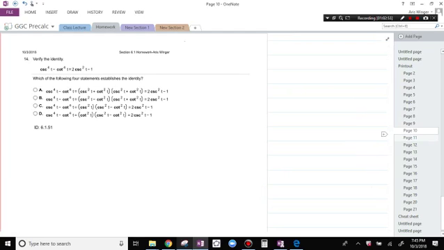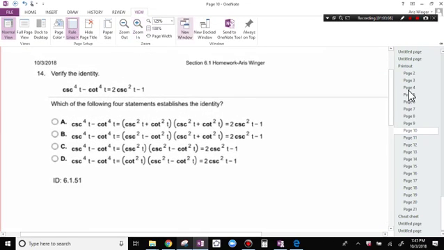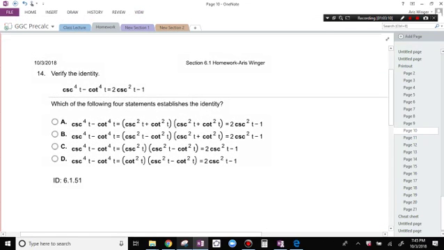Let's factor this. We've got cosine to the 4th minus cotangent to the 4th. We need to show that's 2 cosecant squared minus 1. So we're going to use the same identity again. It's just a squared minus b squared is a minus b times a plus b, but instead we'll raise it a level.